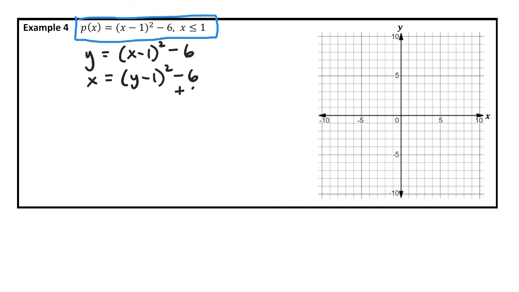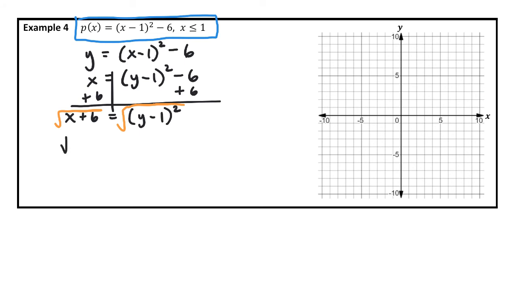So I'm going to add 6 on both sides. x plus 6 equals y minus 1 squared. Then to get rid of the square, I need to square root both sides. So I end up with the square root of x plus 6 equals y minus 1, because the square root and the square cancel each other out.